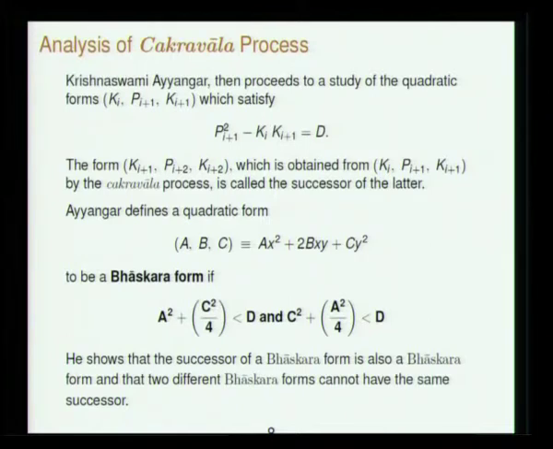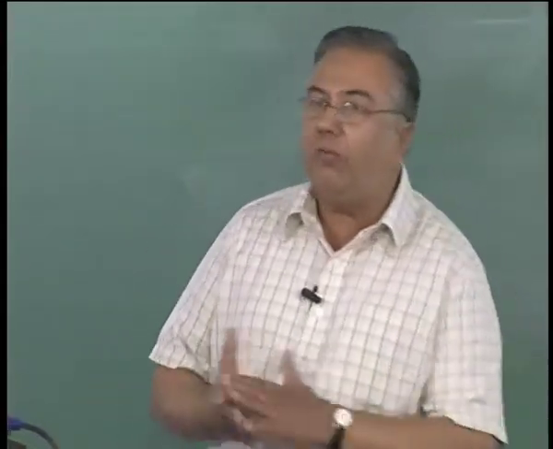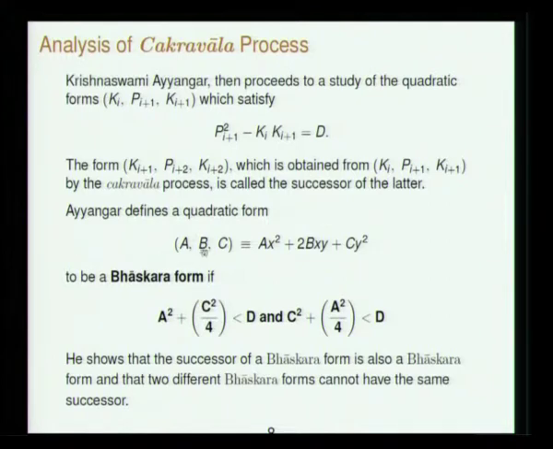Then comes the proof that this always converges to k is equal to 1. That is somewhat more complicated. That is based upon what is known as the theory of quadratic forms. I will not tell you in detail. A quadratic form ABC is something like this: ax squared plus 2bxy plus cy squared. Krishnaswamy Iyengar is using these ki, pi plus 1 and ki plus 1 to make a quadratic form, and that pi plus 1 squared minus ki ki plus 1 is equal to d.